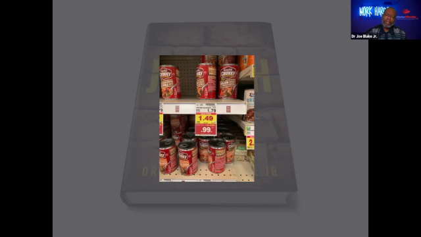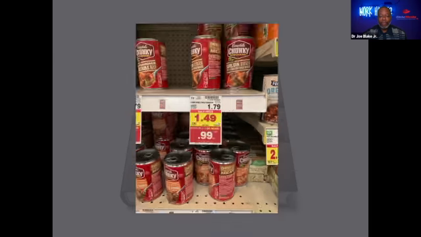And then the lady said, no, that's not 99 cents. Well, it says there it's 99 cents a can, what are you talking about? And she said, no, that's only if you buy, and if you look here, it says if you buy eight or more, then it's 99 cents.